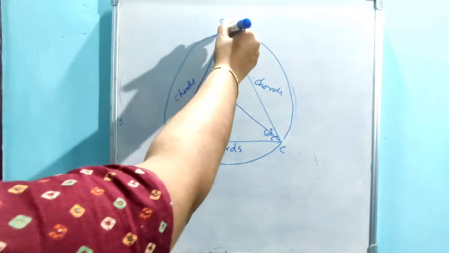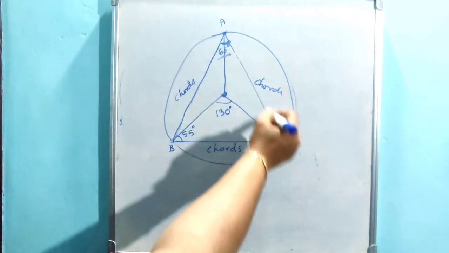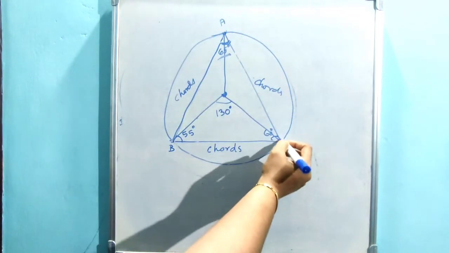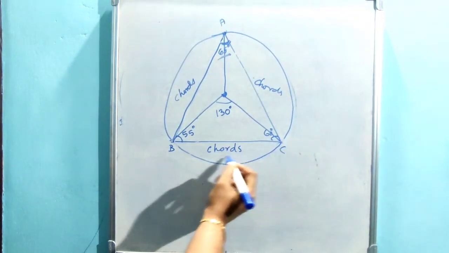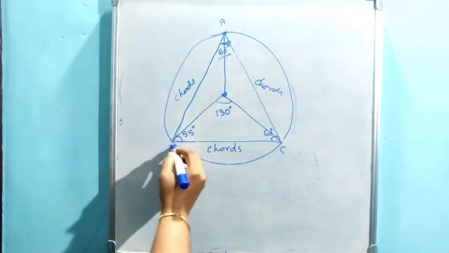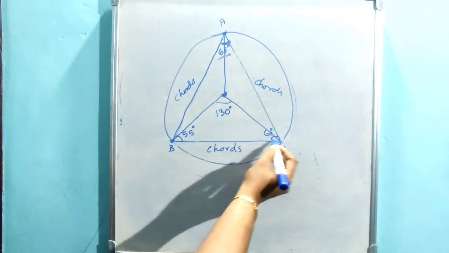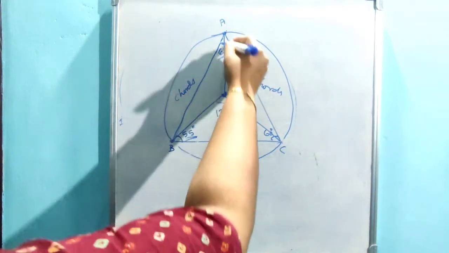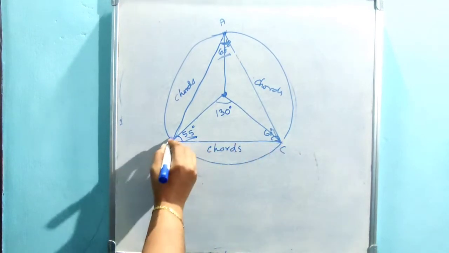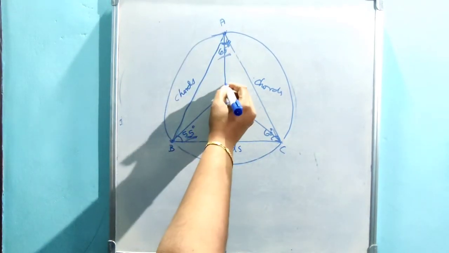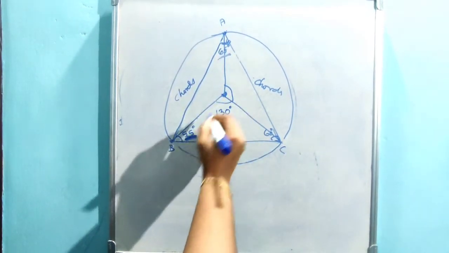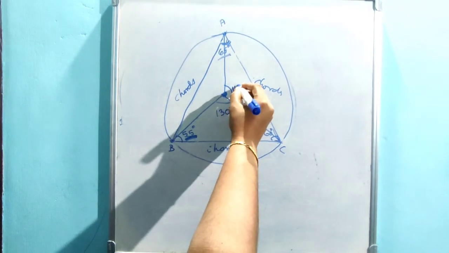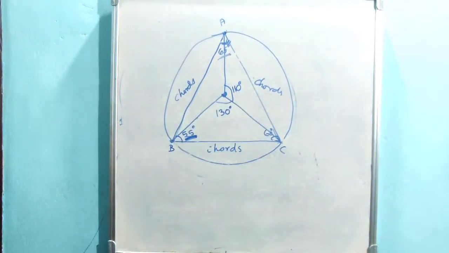Similarly, if we consider the chord AC, and it is joined to a point in the alternate arc B, we got an angle 55 degree. Then what will be its central angle? In the alternate arc 55 degree, then its central angle is equal to double of this 55, that is 110 degree.